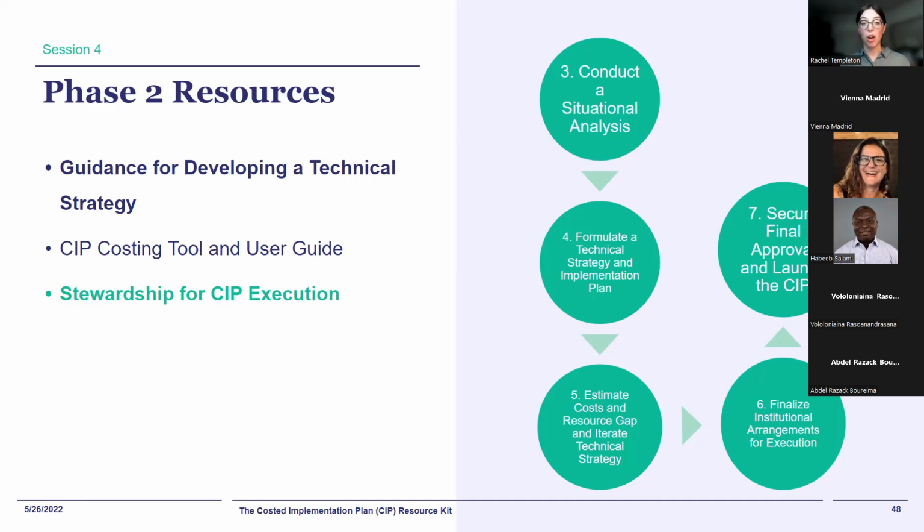So where after costing, you may need to return to the technical strategy and adjust to ensure the CIP is scoped to the existing resource landscape and is useful in practice. If you want to go to the next slide.